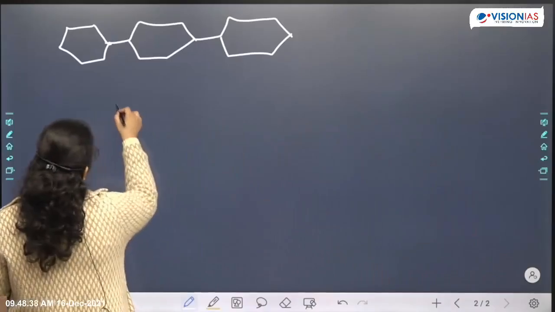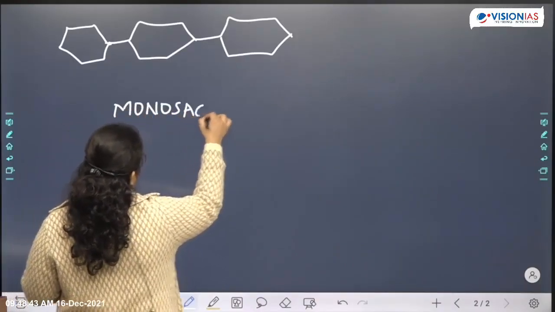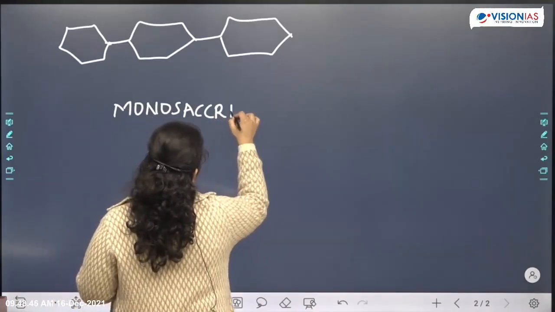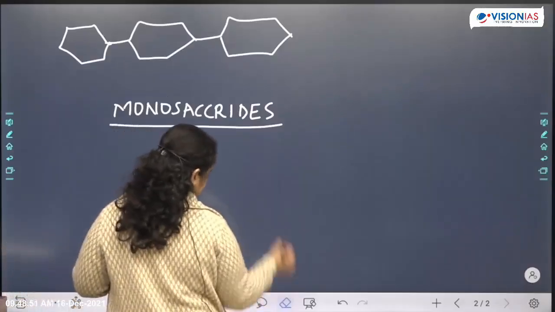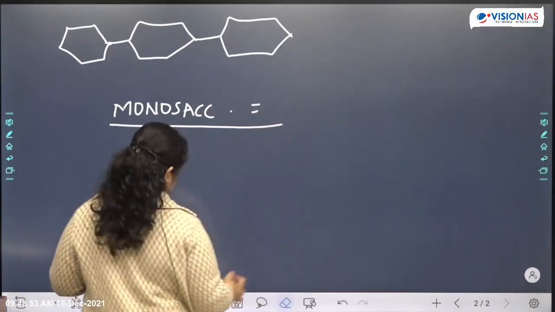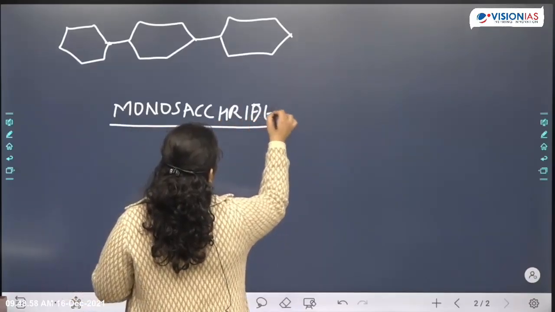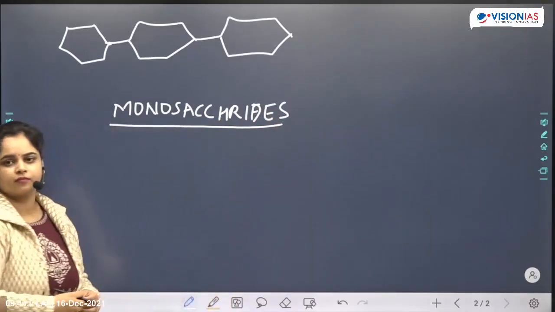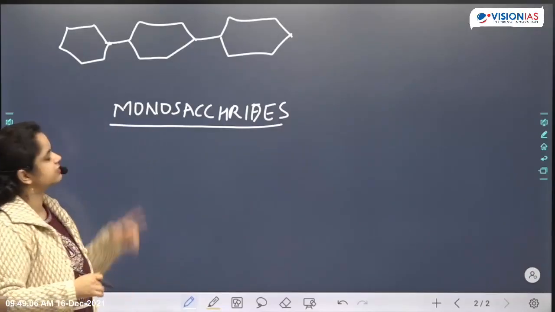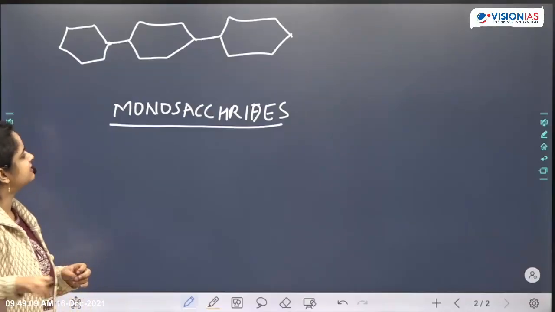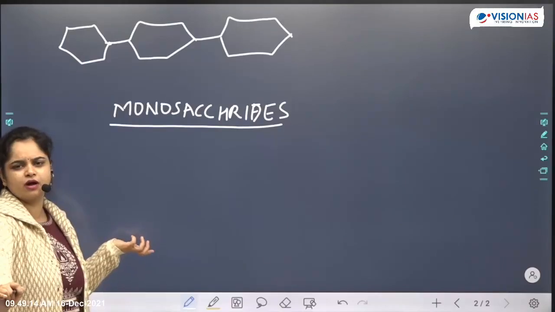The first one is called monosaccharide. The word mono should tell you that it is one single unit, and saccharide is, you can say, a technical name for carbohydrates.